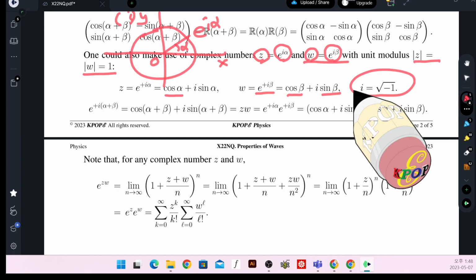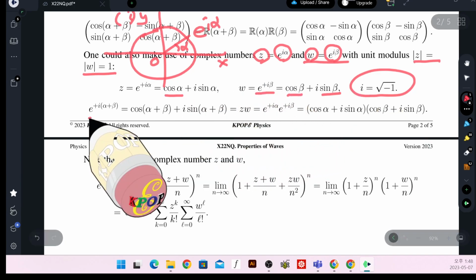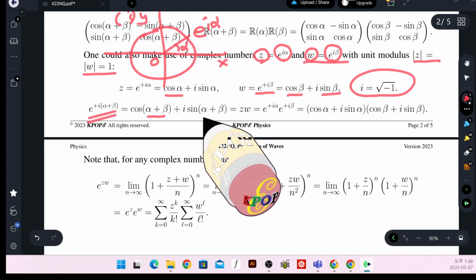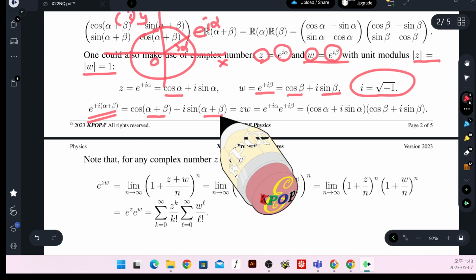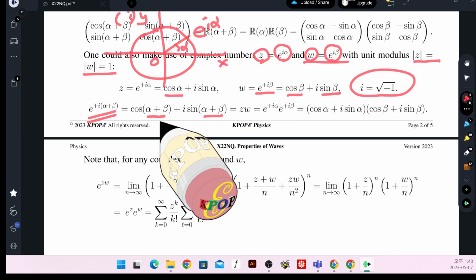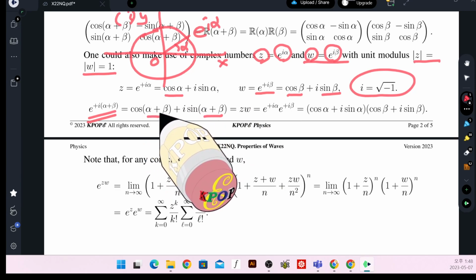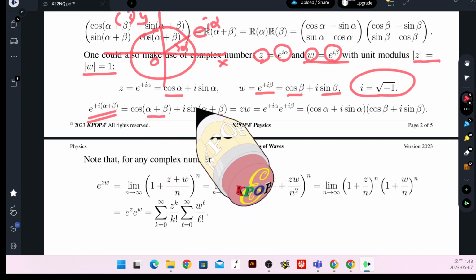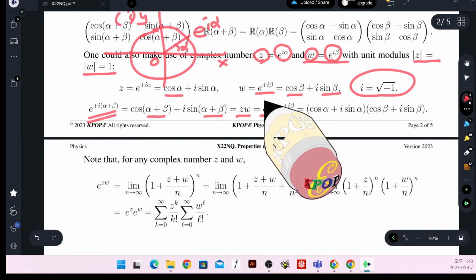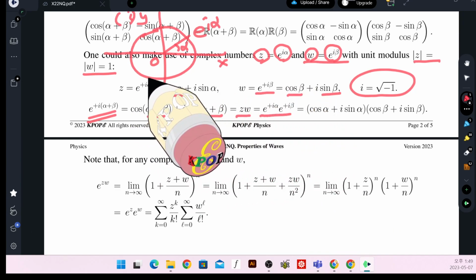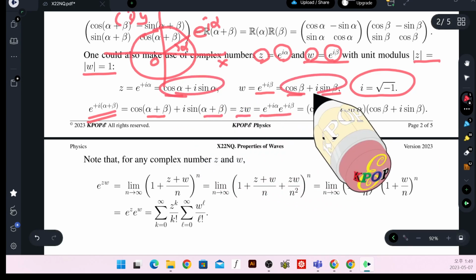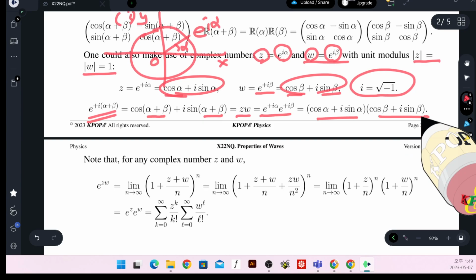Why don't we multiply these two numbers? Then I would get cosine alpha plus beta and i sine alpha plus beta. We can expand this, and the expansion can be found by multiplying the explicit exponential i alpha and exponential i beta. So copy this in here and we expand.